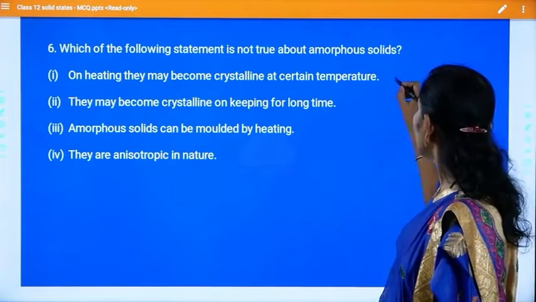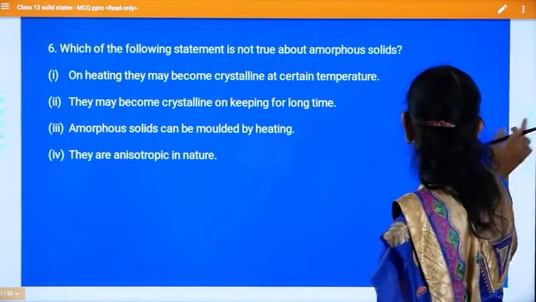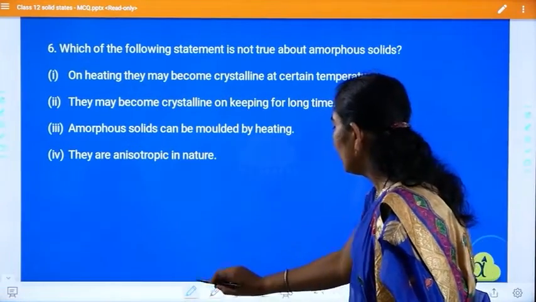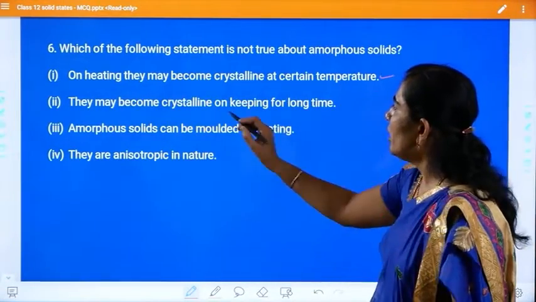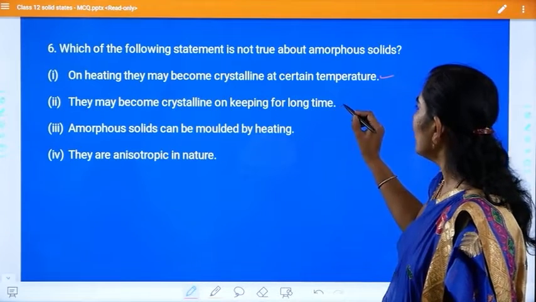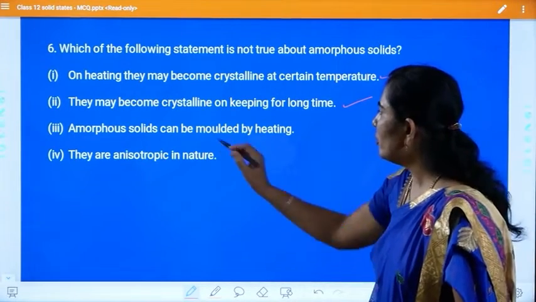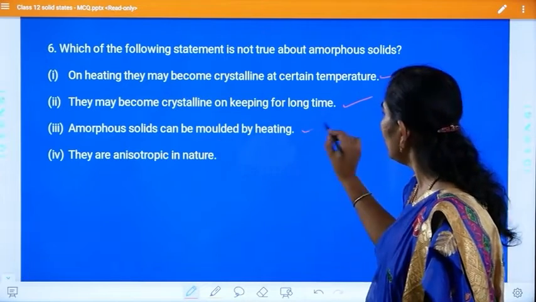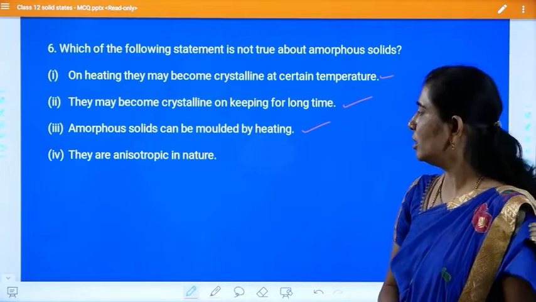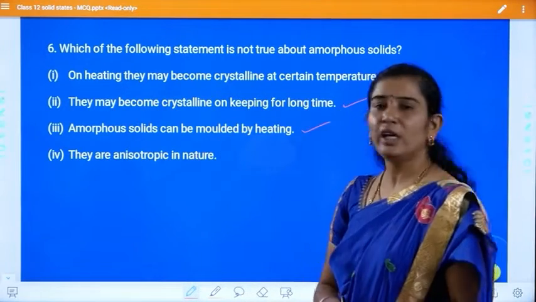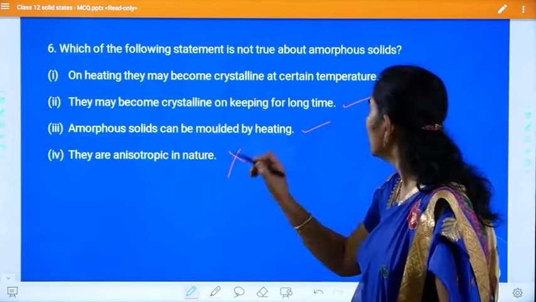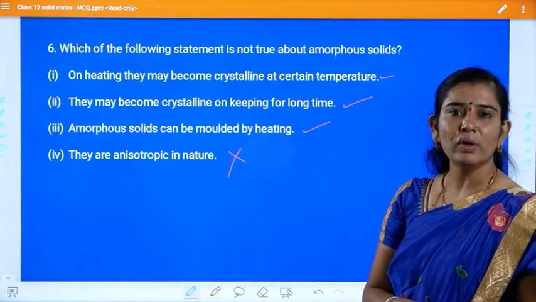Of course, this is correct, that is true. Next, they become crystalline on keeping for a long time. Of course, that is also true. Amorphous solids can be molded by heating. Yes, correct. They are anisotropic in nature. This is wrong because amorphous solids are isotropic in nature.